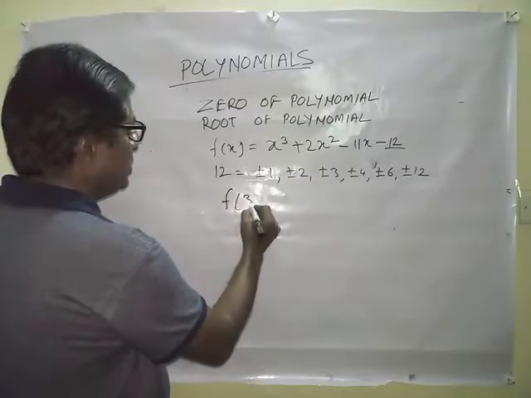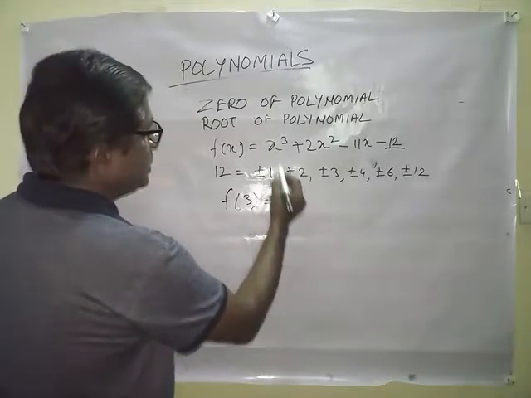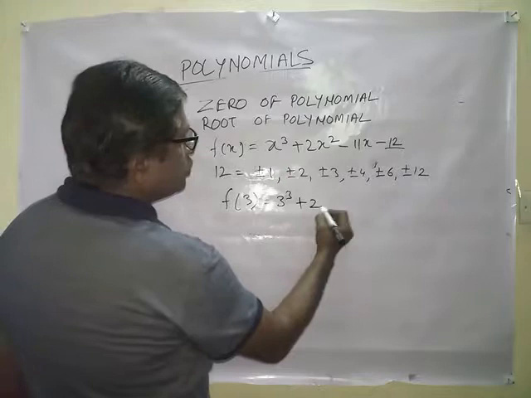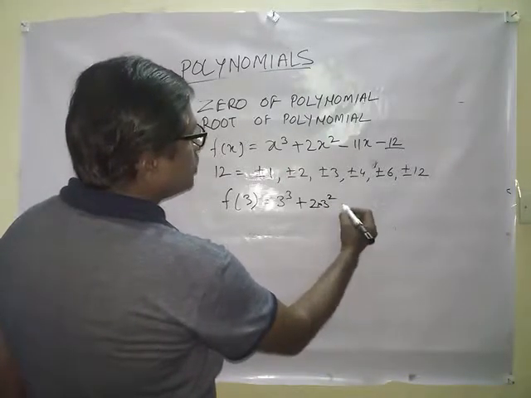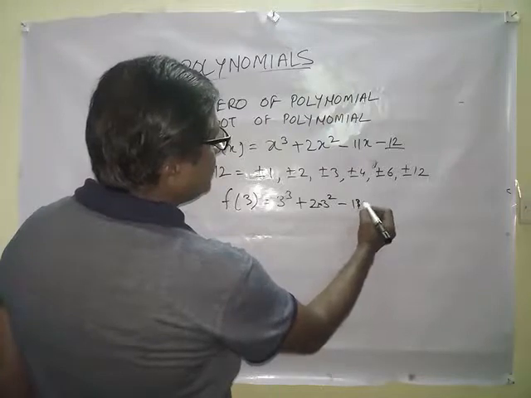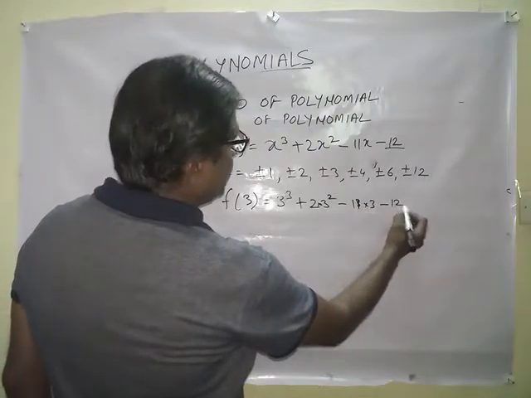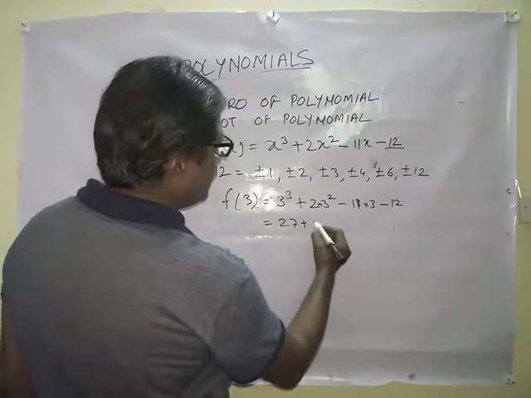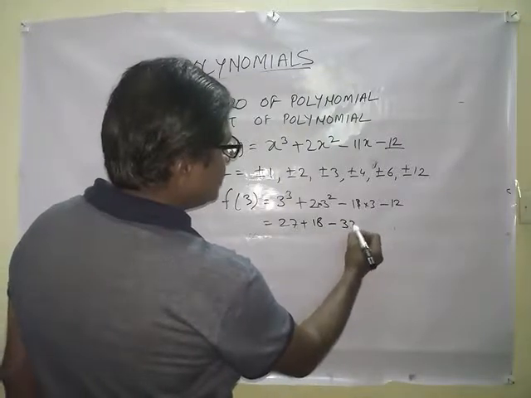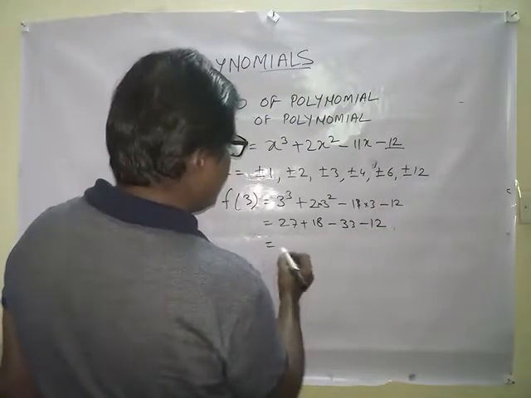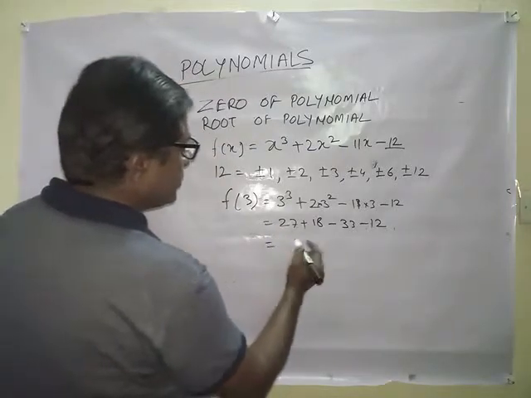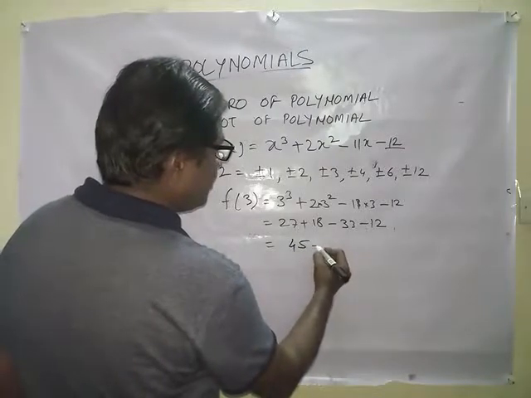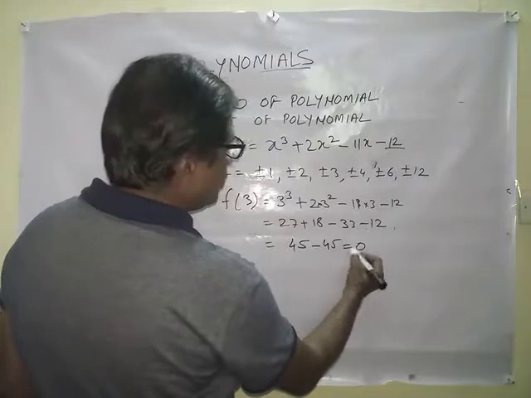I'll just tell you here, if you put the value of 3, then x cube is 3 raised to power 3, plus 2 times 3 raised to power 2, minus 11 into 3, minus 12. It is 27 plus 9 multiplied by 2, 18, minus 33 minus 12. If you do that, 27 plus 18, 45 minus 45 equals 0.